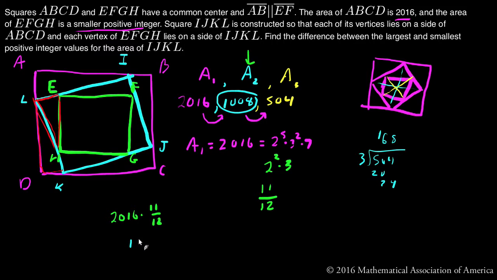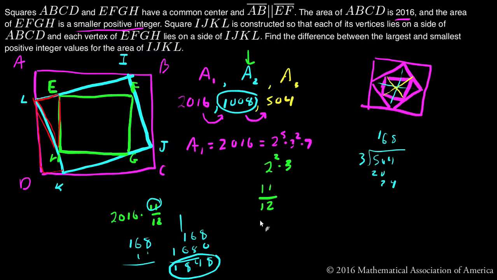Okay, so 168 times the 11. So I have 168 plus 1,680. 8, 4, carry the 1, 8, 1. So the largest middle square I can get is 1,848.